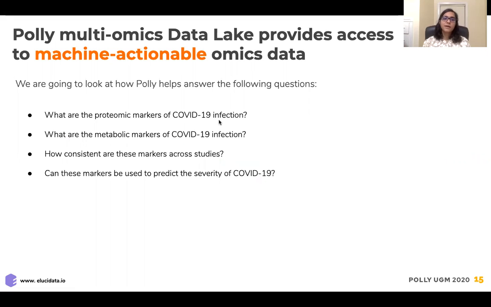We're going to look at a metabolomics data set to answer what metabolomic markers of COVID-19 infection are. We're also going to look at how consistent these markers are across studies. So we're not just looking at one data set, but also several different data sets in a data lake. And then we're going to run a machine learning model and ask the question, can these markers be used to predict the severity of COVID-19 and what is the accuracy of that prediction?